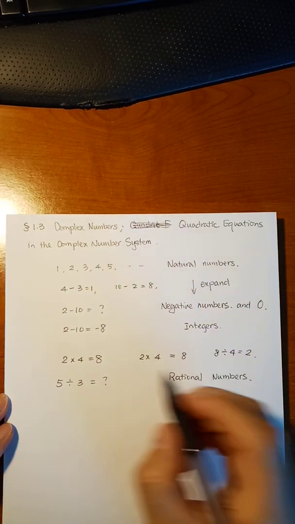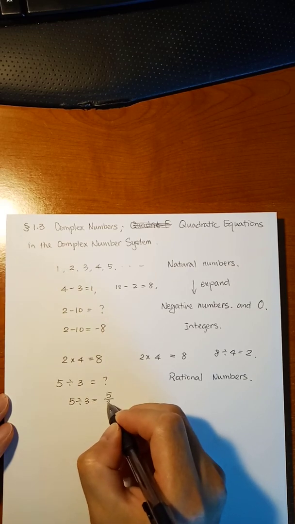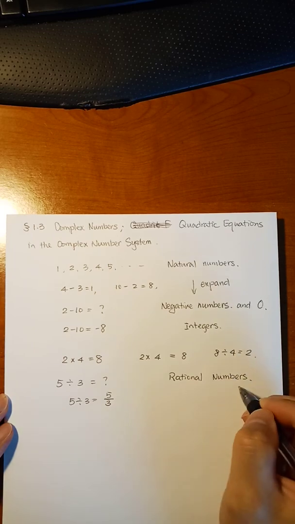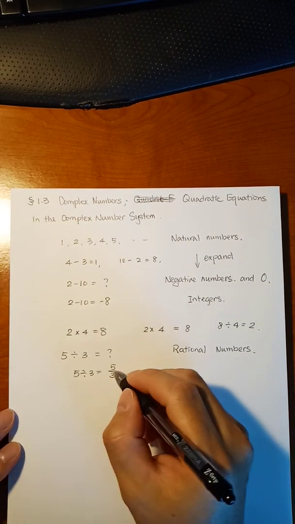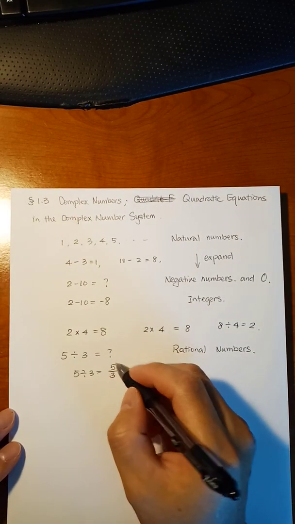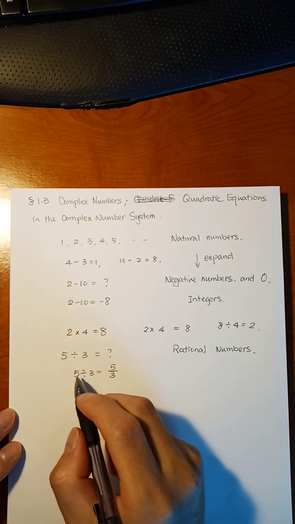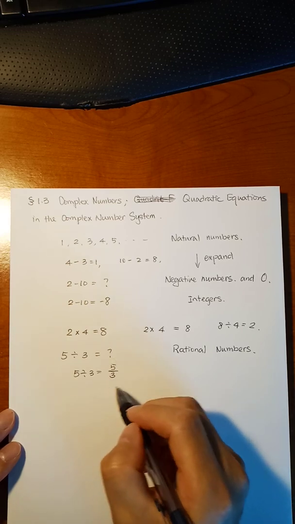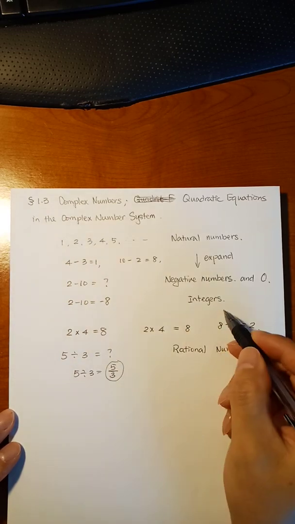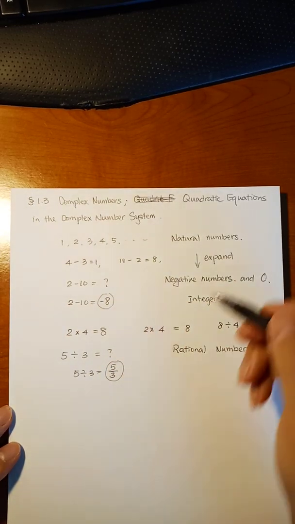Every time we introduce a new large class of numbers, we always create some symbol. So we write the answer of 5 divided by 3 equal to 5 over 3. This is different from the integers. This is different from natural numbers, right? So we get a rational number.